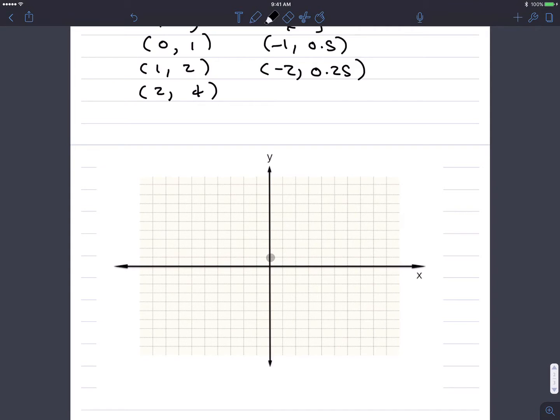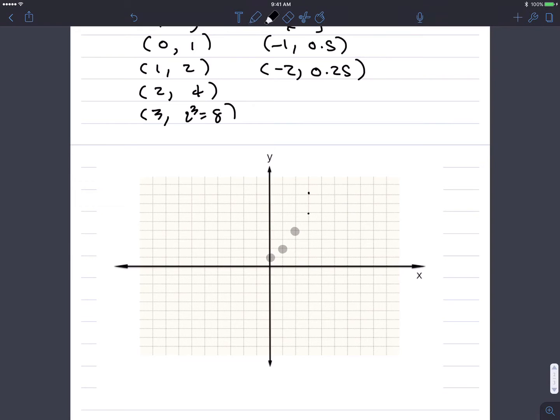And then 1, 2 would be to the right 1 and then up 2 units. And then 2, 4 is to the right 2, and then up 1, 2, 3, 4 units. If I were to continue, if x is 3, do you guys know what y would be? What's 2 to the third? That's 8. So if x were 3, go up 1, 2, 3, 4, 5, 6, 7.